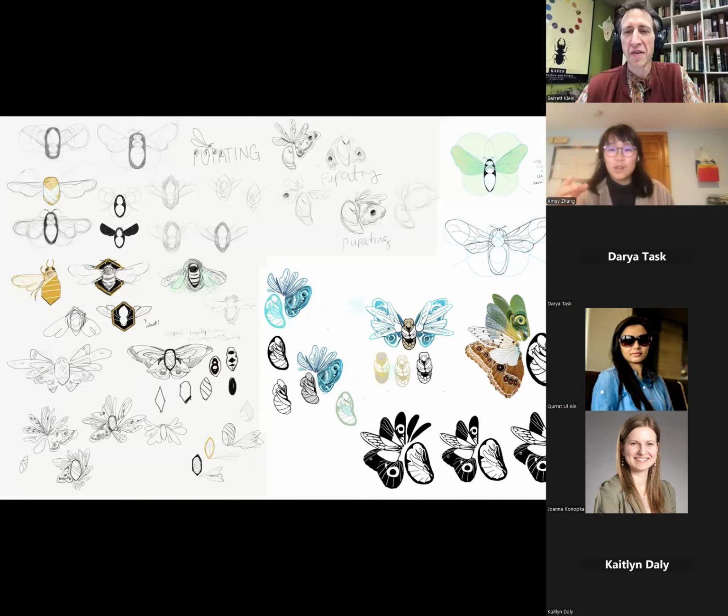I didn't include the drafts we had where we were just changing the size of the pupa relative to the size of the wings. And this, I would say, is actually one of my shorter design processes. So this doesn't include the paper sketches that I did that I don't have access to. And if I were to pull up, for example, the Editing Nature logo, I could fill slides and slides with the different versions I did.